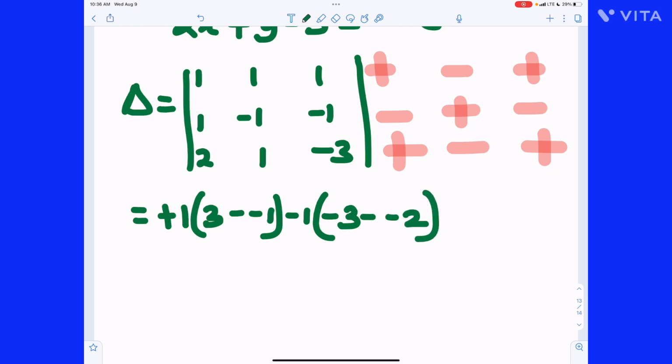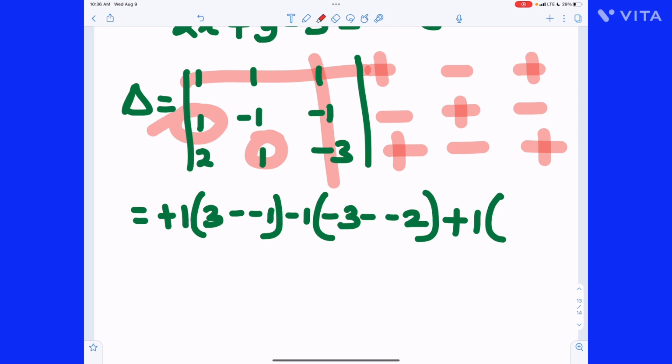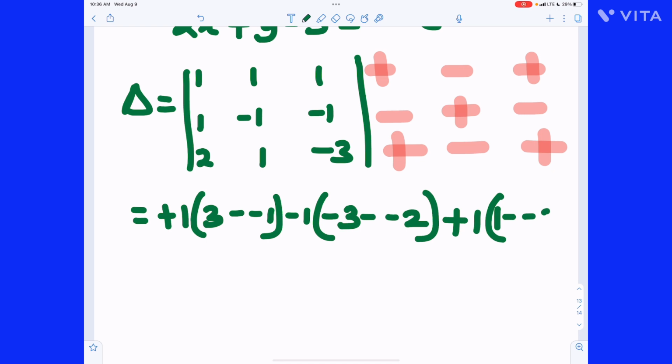Lastly, on that row, I have 1 here to take a positive sign. So that's plus 1 times, after crossing this one, 1 times 1 here, minus 2 times minus 1 here. So that's 1 minus minus 2.